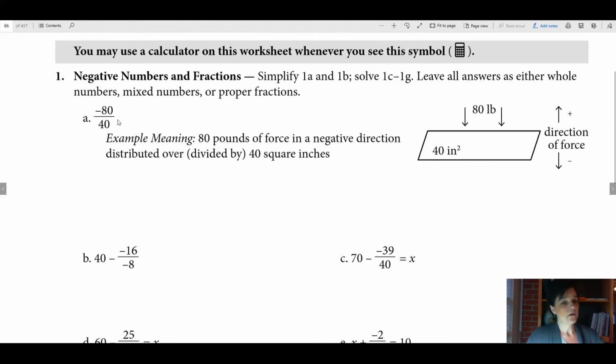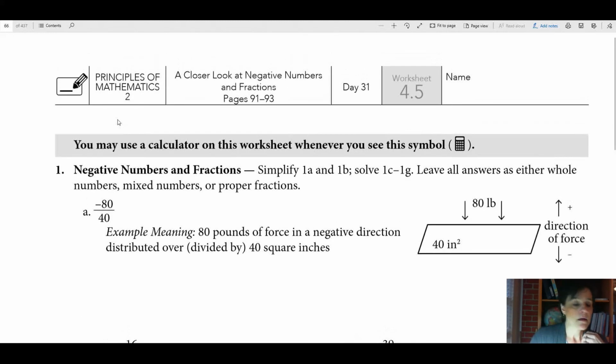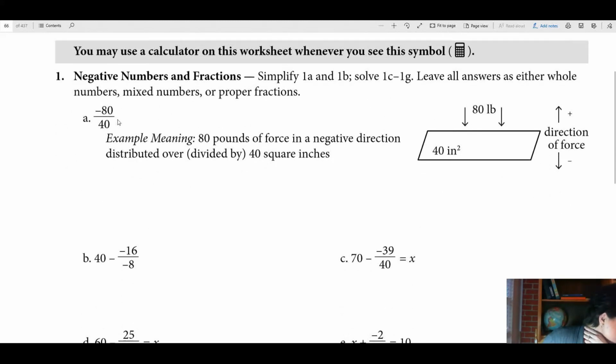So now remember it says to simplify 1a and 1b. On this one, to simplify, like I said, is just a fancy word for answering it. These down here are equations that we have to answer, so it's kind of the same thing. Okay, so negative 80 divided by 40.